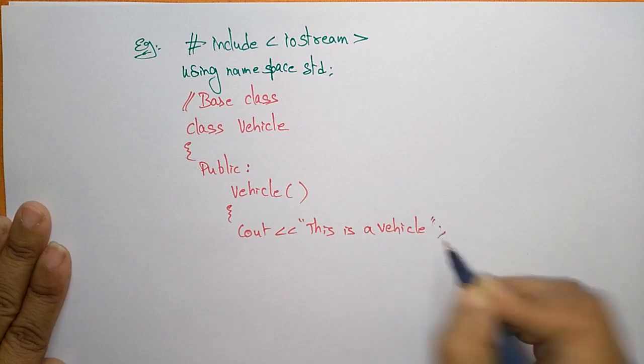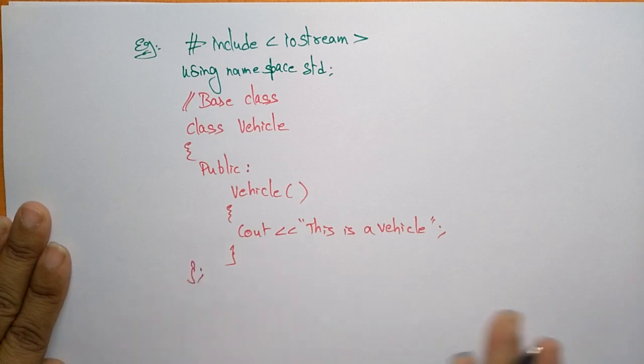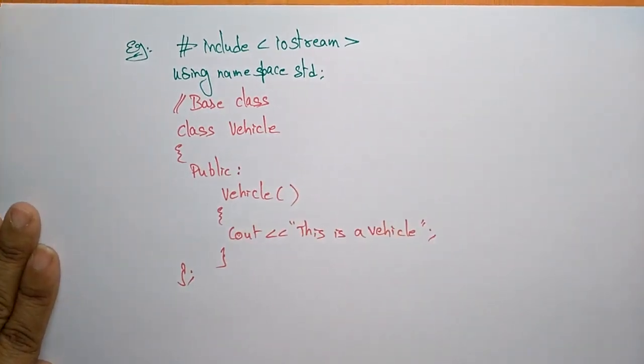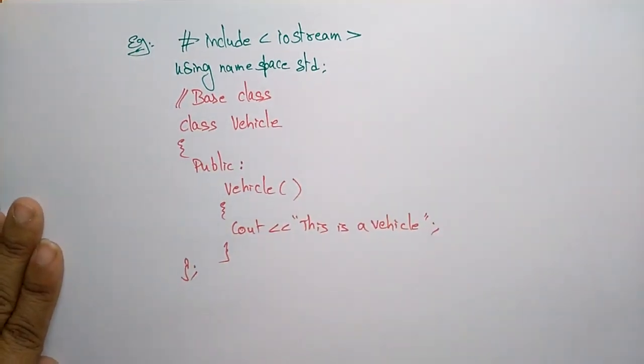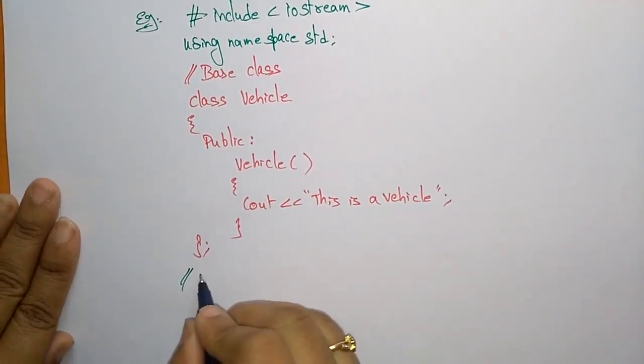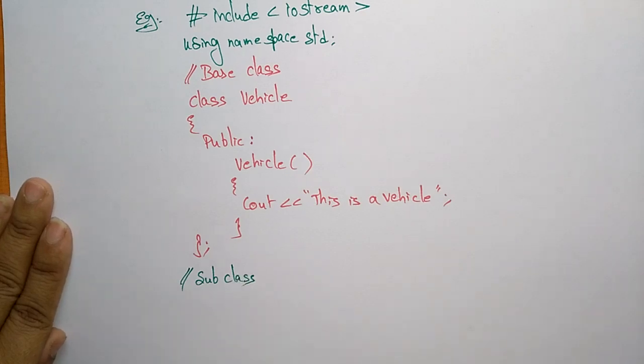So this is the base class, only the base class. Now you just write the subclass. I am explaining the single inheritance.